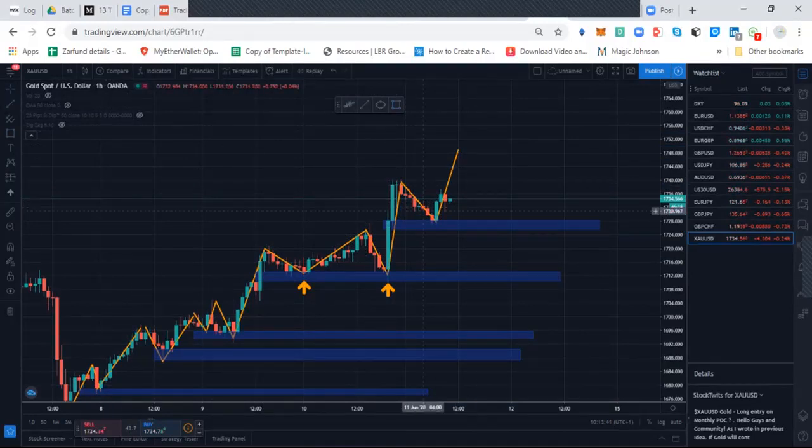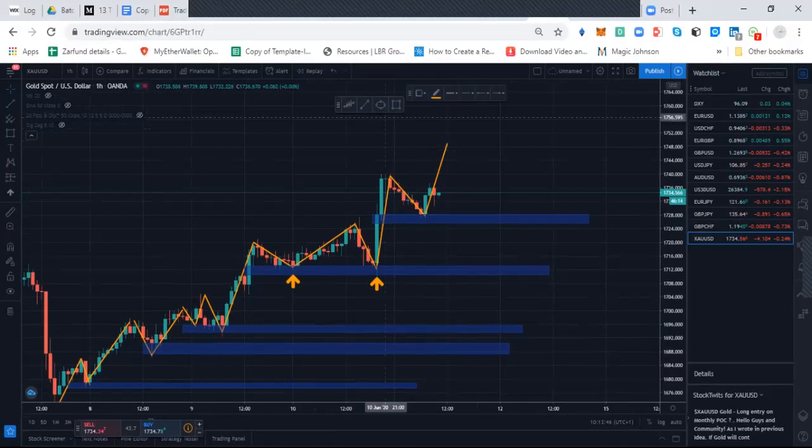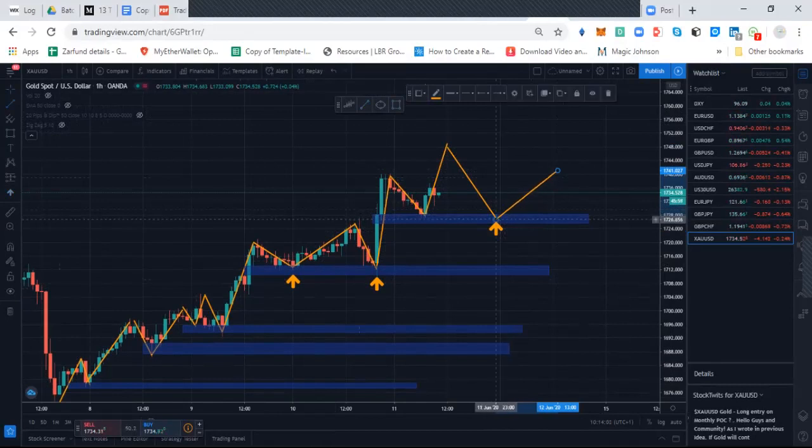Then gold will pull back towards that structure, and then we will make a buy to go up.